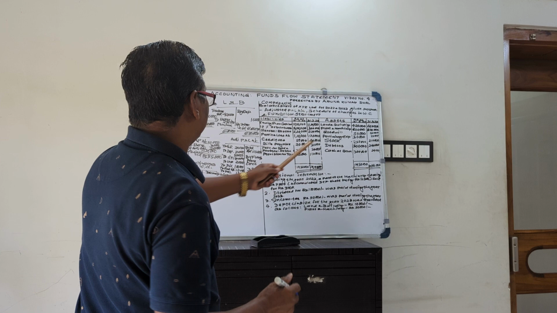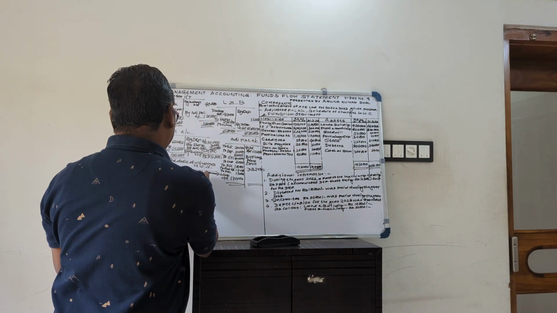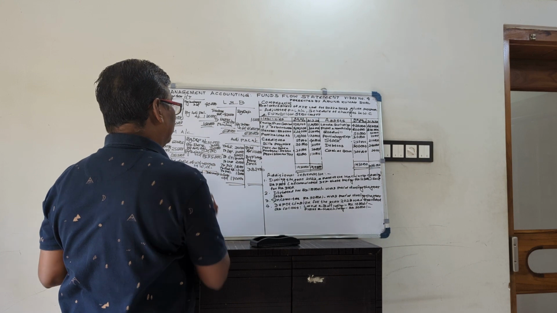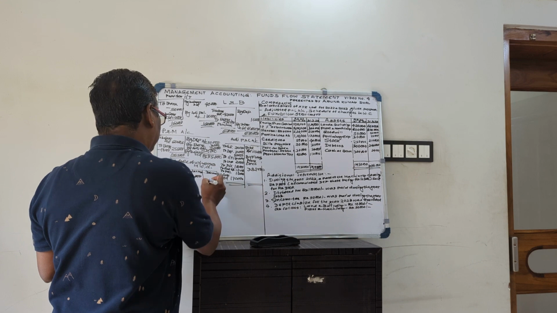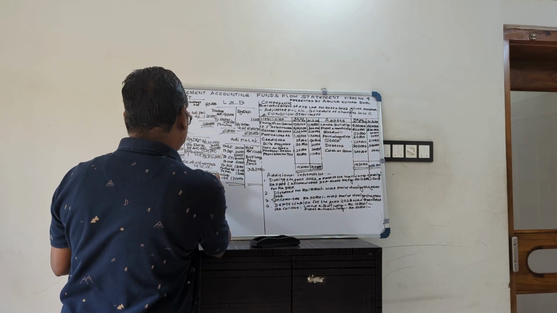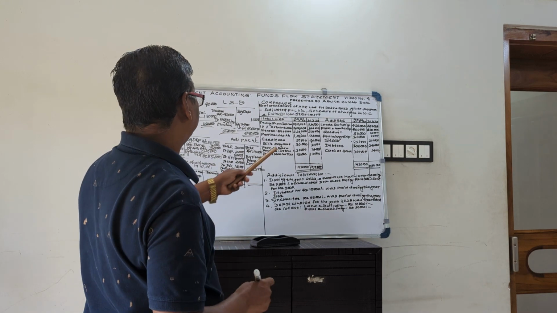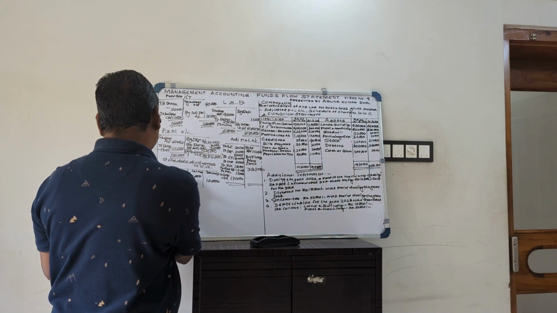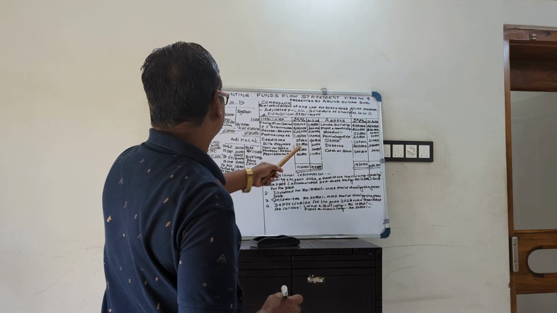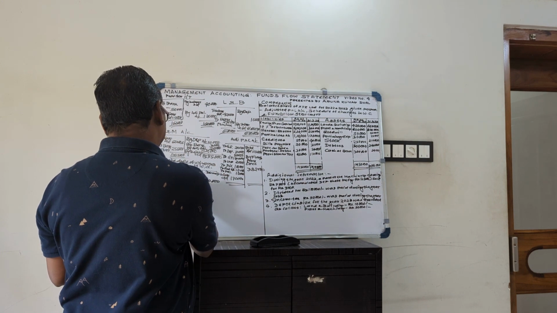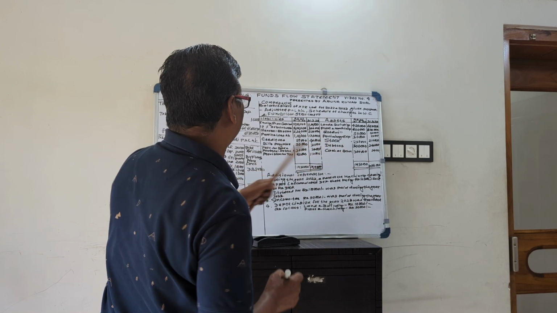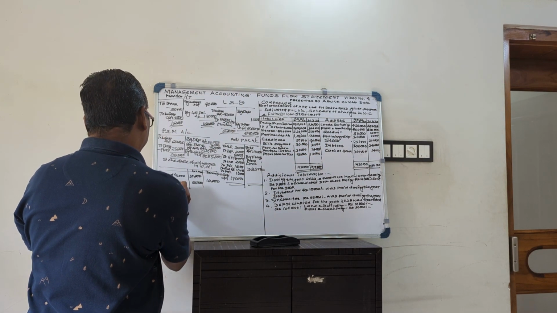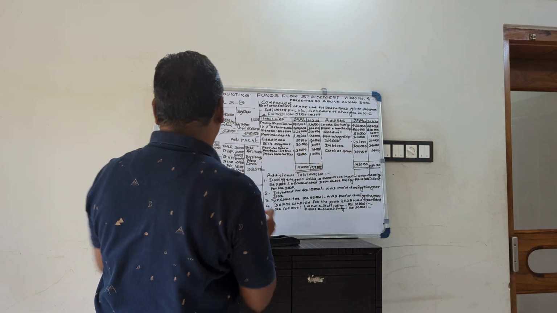Decrease in creditors means increase in working capital, that we have shown. Bills payable increase means decrease in working capital, bills payable 10,000. Then provision for bad debts, the amount is 6,000. Decrease means increase in working capital, 6,000. Then in current assets, stock reduction means decrease in working capital, 40,000.